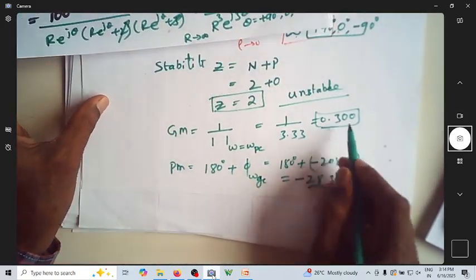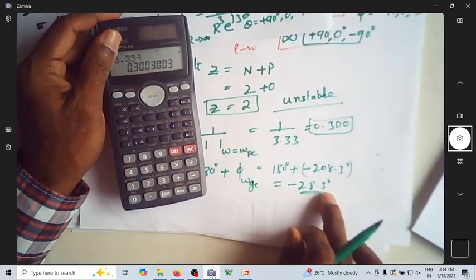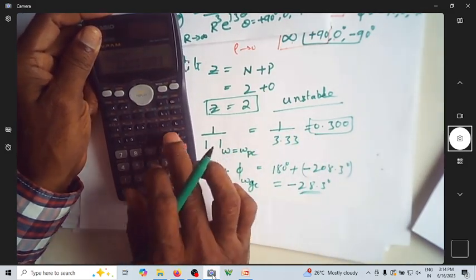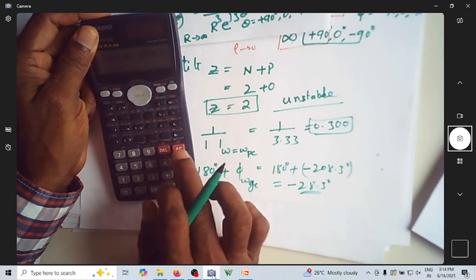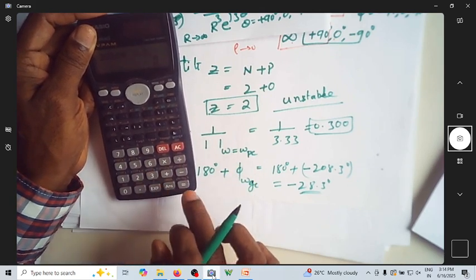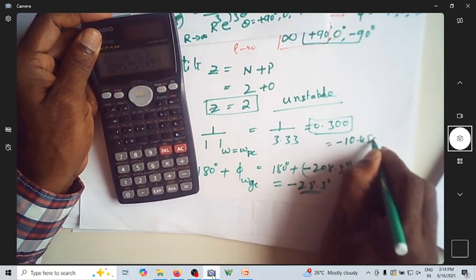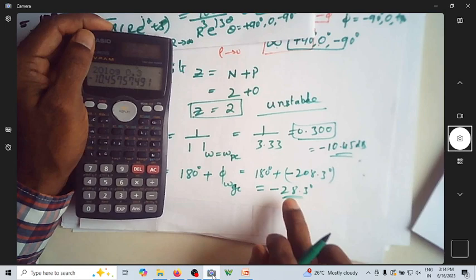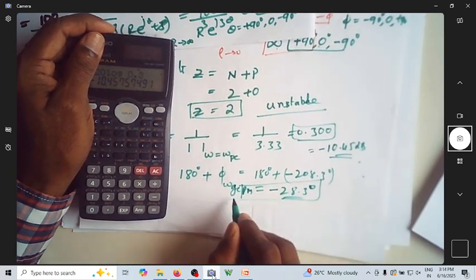So gain margin is 0.3, phase margin is minus 28.3. So what does this 0.3 correspond to in terms of dB? It is 20 log of 0.3. You see, it is minus 10.45 dB. This is the gain margin in dB. This is the phase margin in degrees.